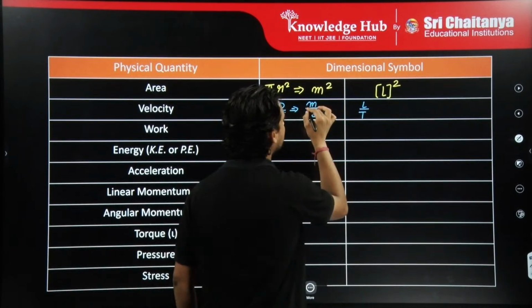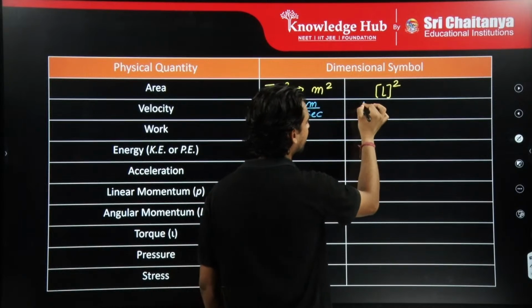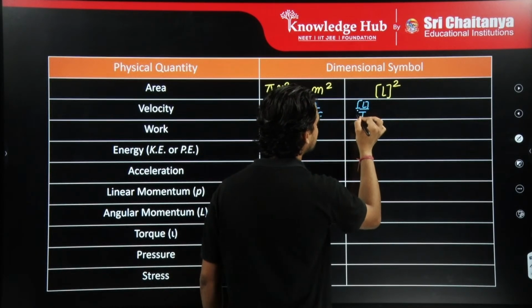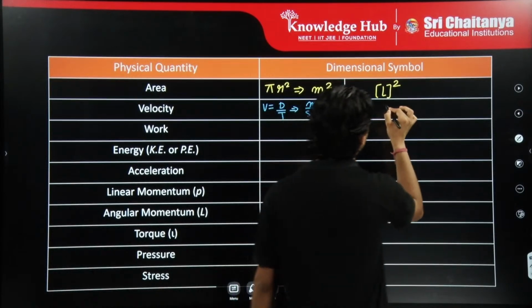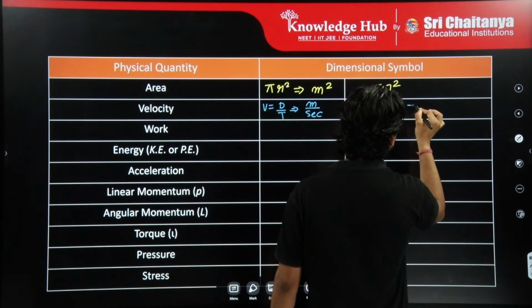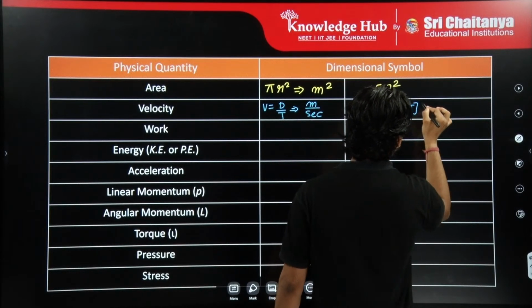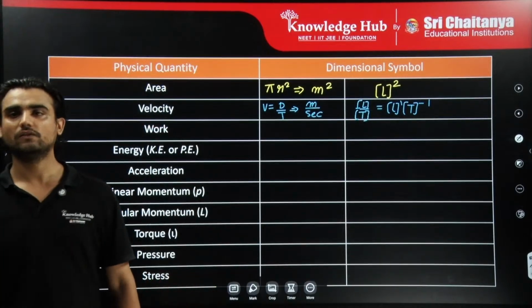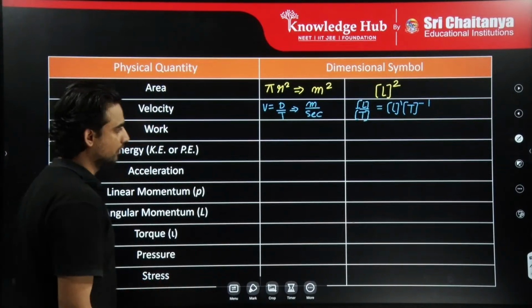The dimension for meter is L raised to 1, and the dimension for second is t. So what do I get? L raised to 1 and t raised to minus 1. This is the dimensional formula for velocity.